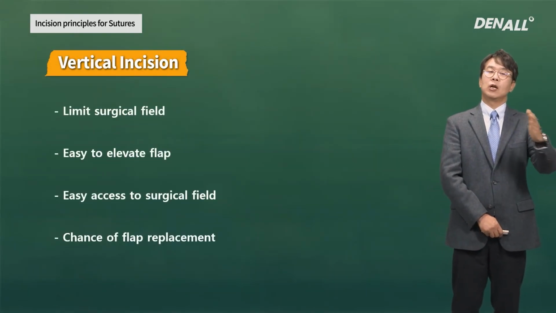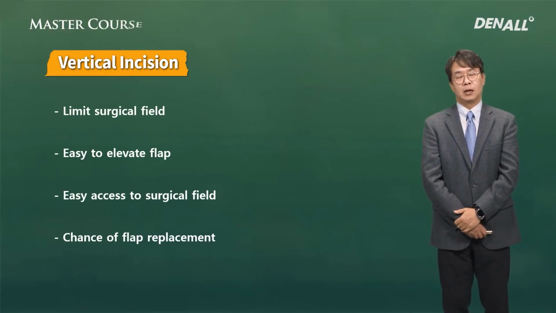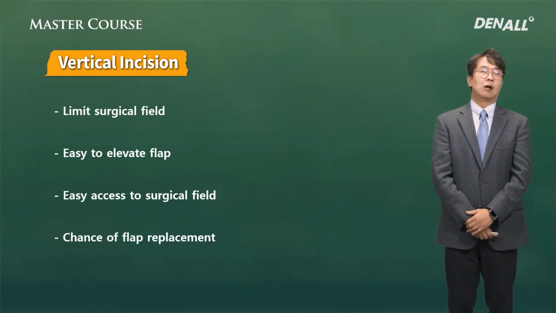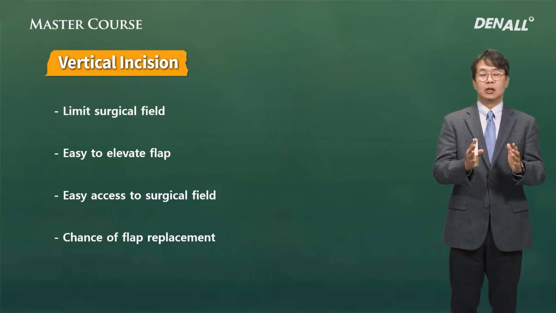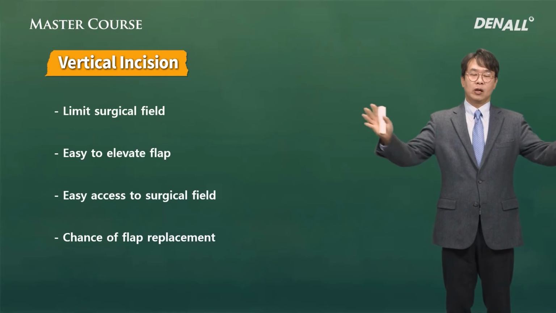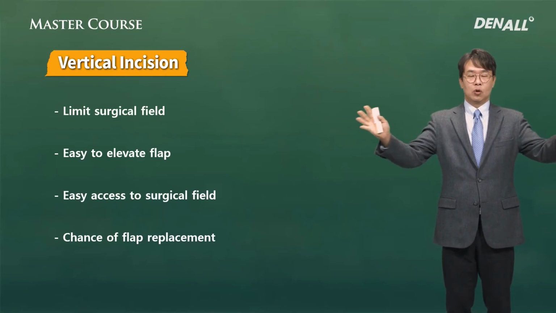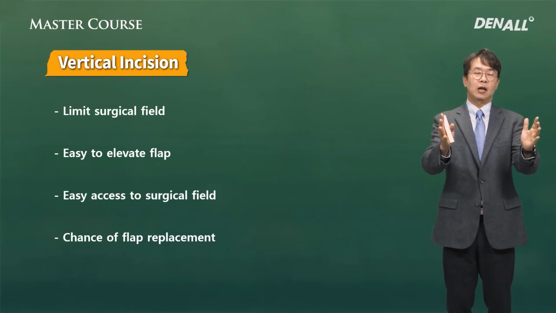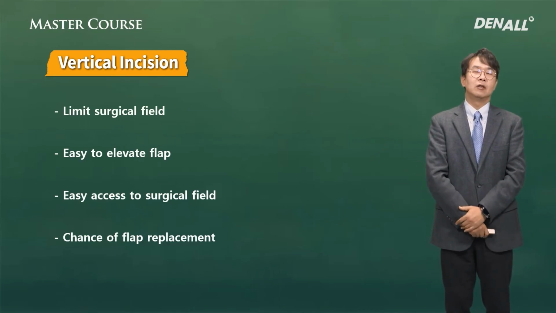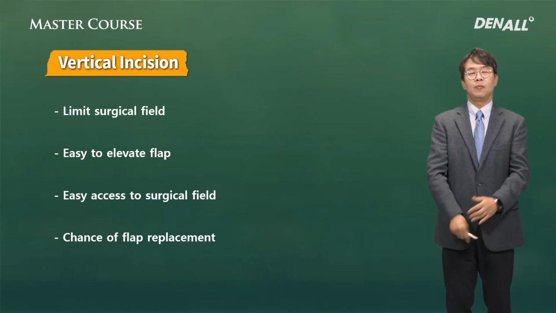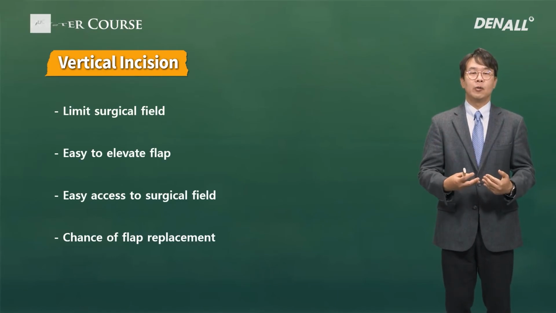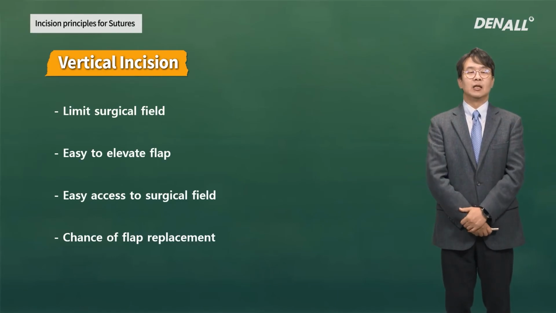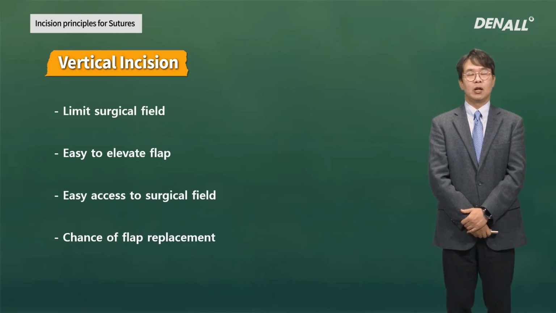Another incision is the vertical incision. When you use a vertical incision, you can limit the surgical field. You can make a wide incision, and if you make a narrow incision with a vertical incision, the surgical field can be limited, so you can secure visibility and make a small flap design.